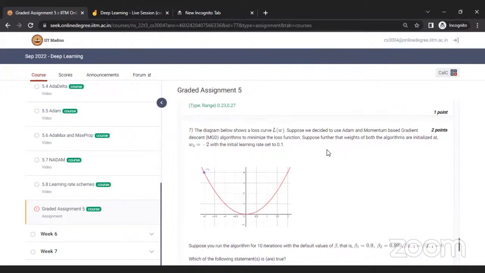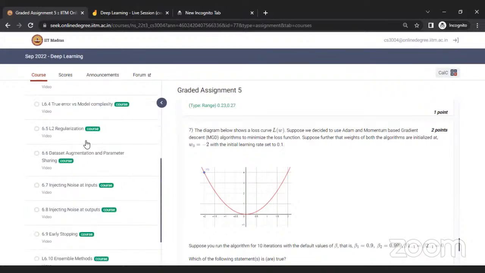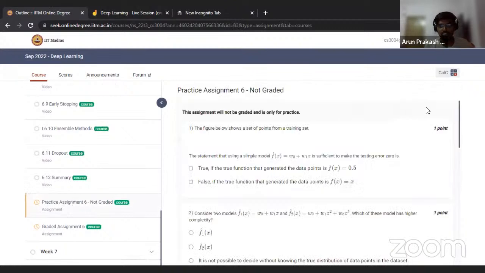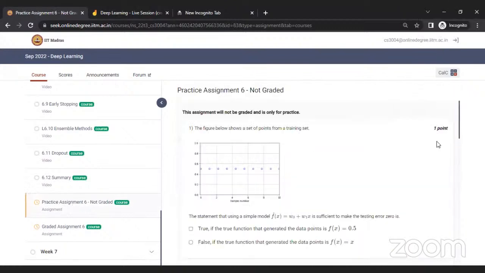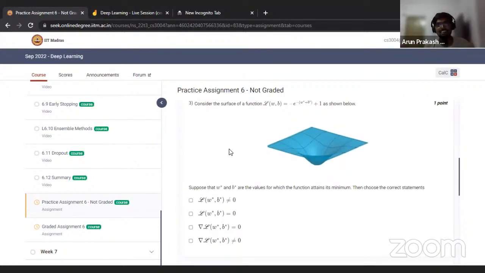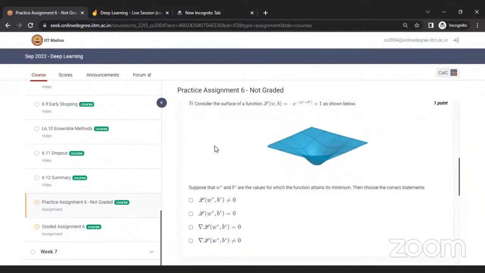Can you go to the week 6 practice question? Only one question. That is the last question. No problem. Practice question number 3. This is the easiest practice assignment till now. Here you have given one loss function and then you are putting W star as attention to minima.